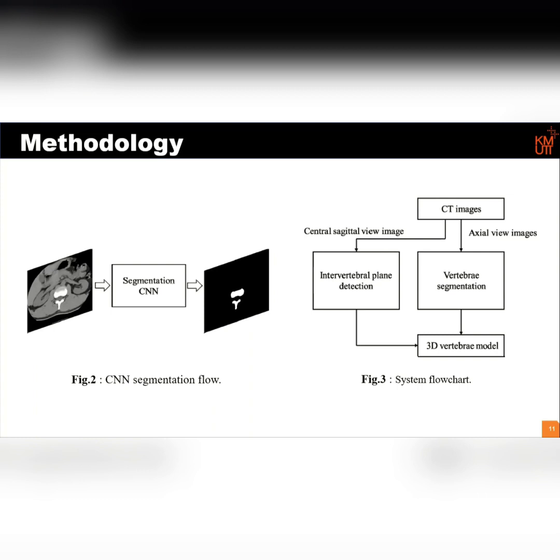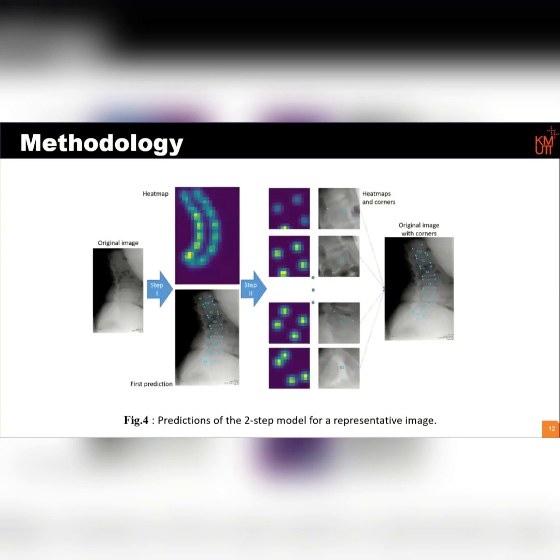The segmentation output is utilized to generate the 3D vertebral model for the intervertebral plane detection. A central sagittal image is selected. In addition, this plane will be applied to the 3D model of the vertebra in order to select the surgical regions.